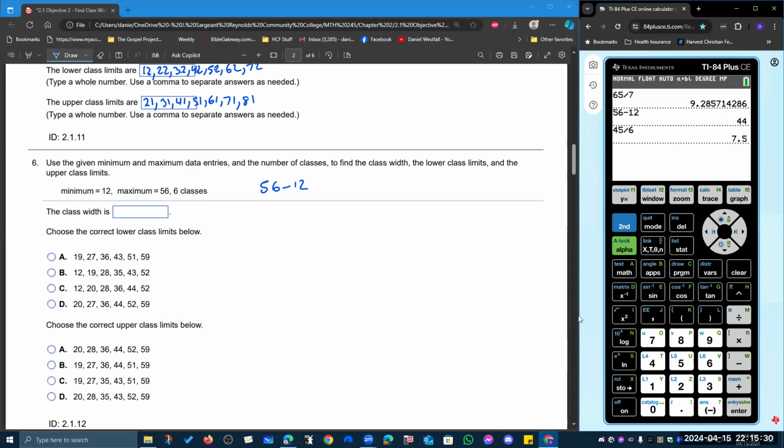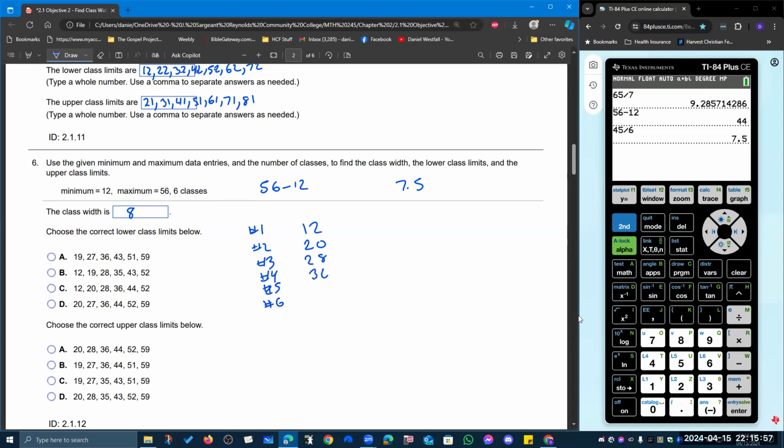We're going to get 7.5, but we need to round that up to 8. So 12 plus 8 is 20. I'm going to have 6 classes.